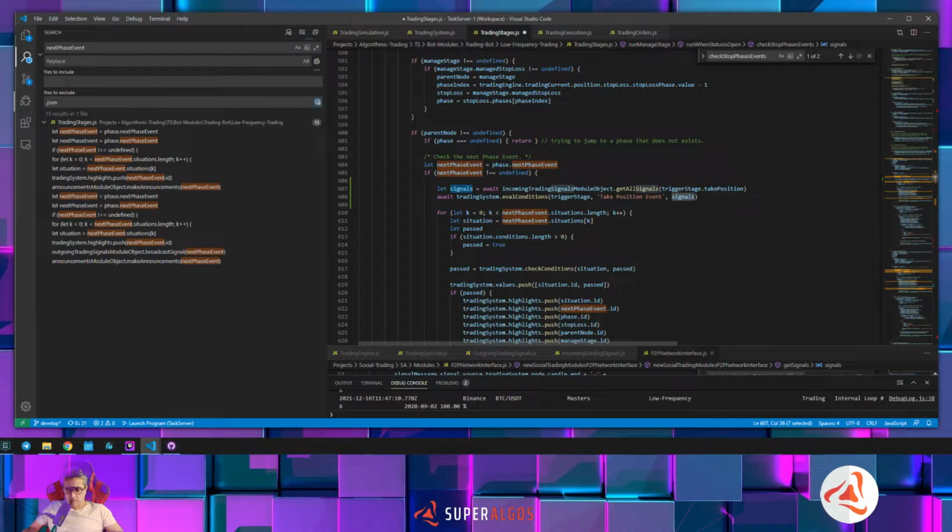Okay, so we need to send this the right parameter, that is next phase event, of course.